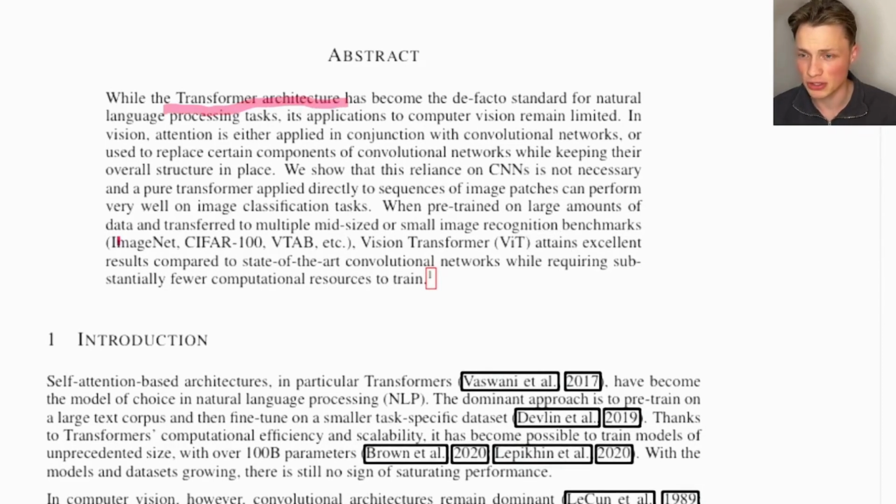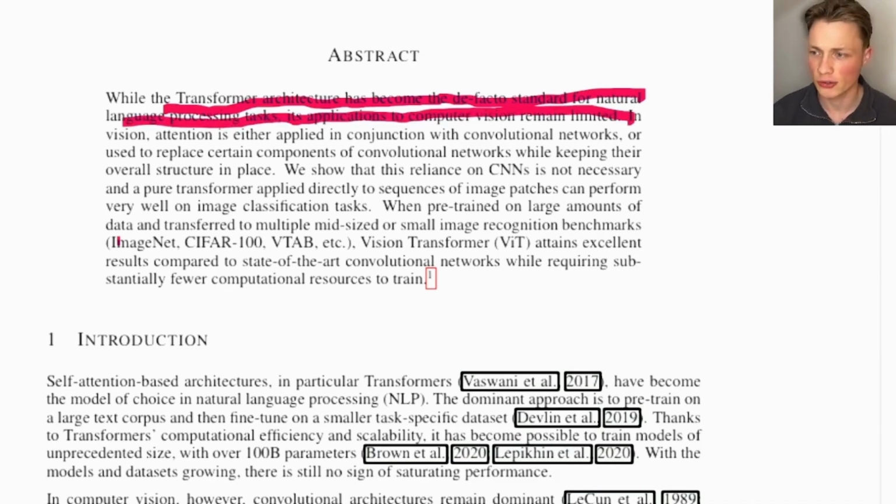While the transformer architecture has become the de facto standard for natural language processing tasks, its application to computer vision remains limited. In the natural language processing domain, we already had the paper Attention is All You Need, where the attention module was introduced and got famous, and more and more NLP tasks have used architectures with attention or transformer modules.